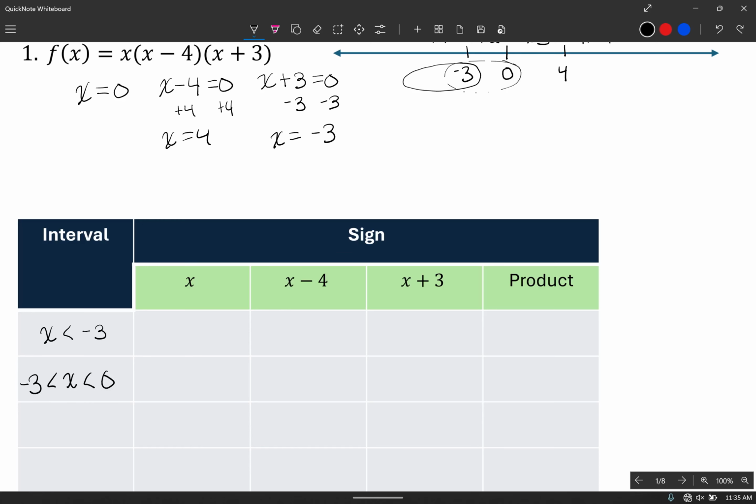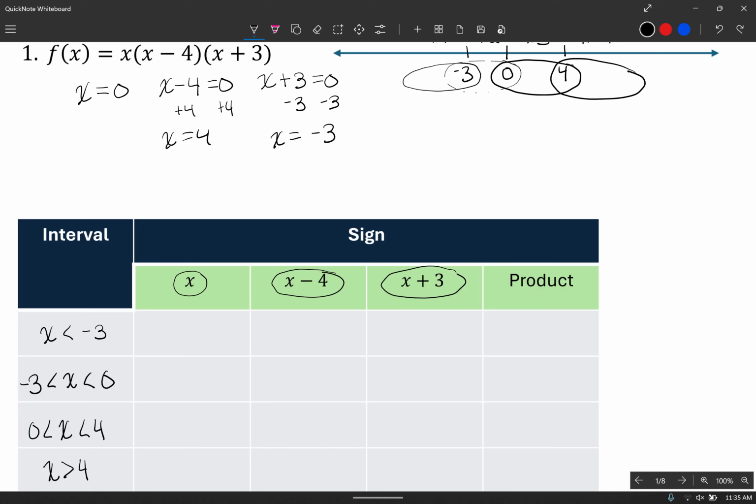All right, and then the third section will be when x is between 0 and 4. And then finally, the section on the right side, which is all of the x's that are greater than 4. So we're going to choose a number in each of these intervals, and we're going to see when we plug that in for these factors, what the sign will be.